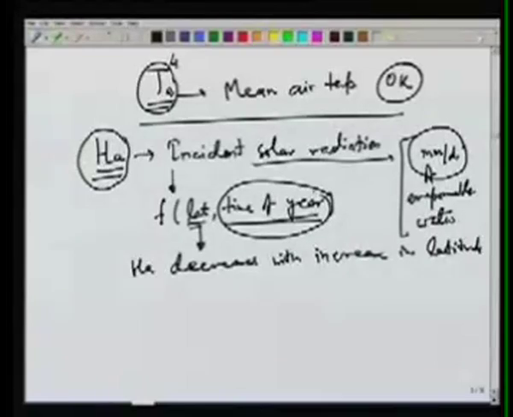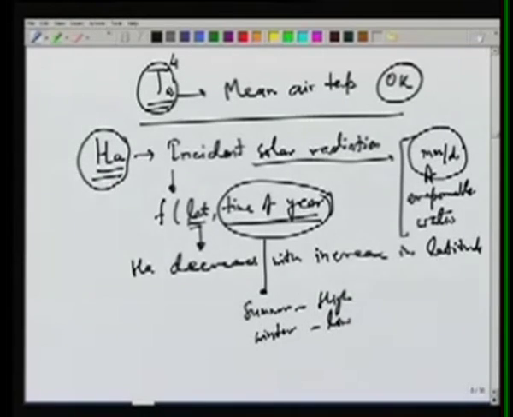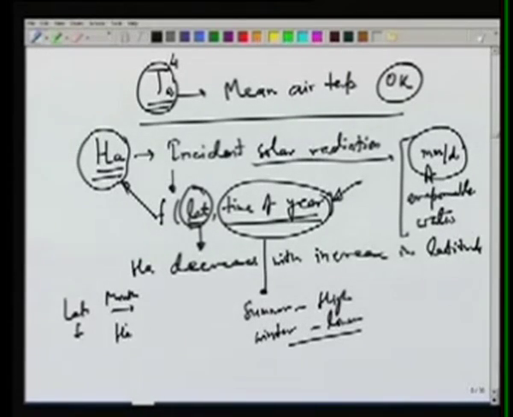Similarly, time of year, in summer HA will be higher, and winter it will be lower. So depending on the time of the year and the latitude, we can obtain HA. Typically it will be given in a tabular form, and similar to what we have seen earlier, we have latitude, month, and we will have HA values given in a table like this. So we can get the HA value from there.